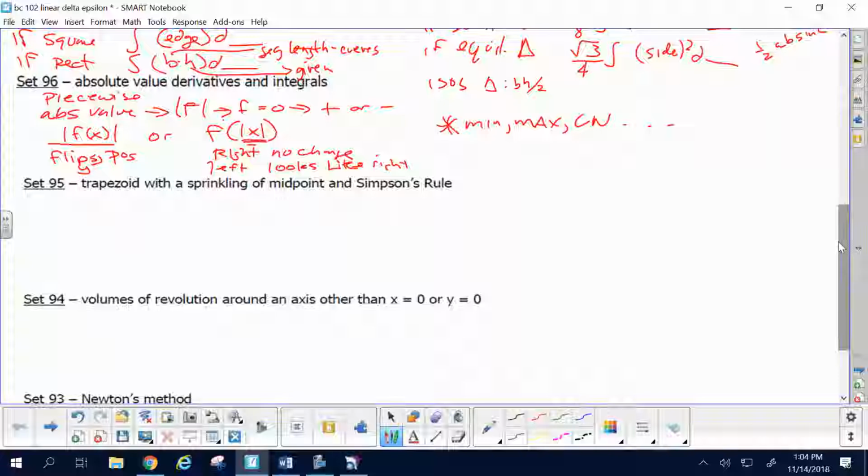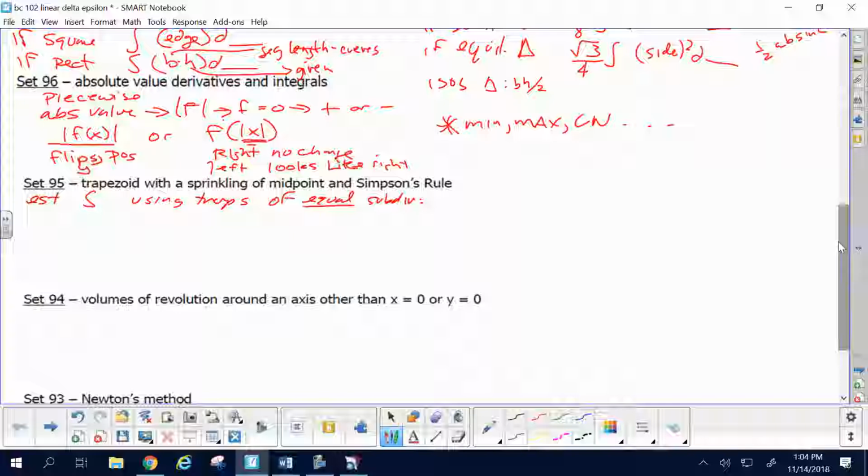Trapezoid with a sprinkling of midpoint and Simpson's rule. For trapezoids, you should be able to estimate an integral using trapezoids of equal subdivisions. When you do an integral estimate using trapezoids, then you have a greatest common factor of 2 out front.